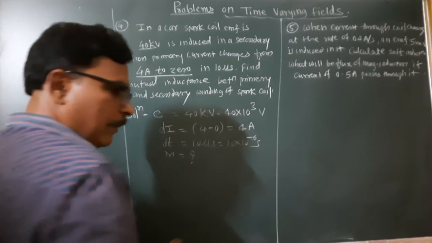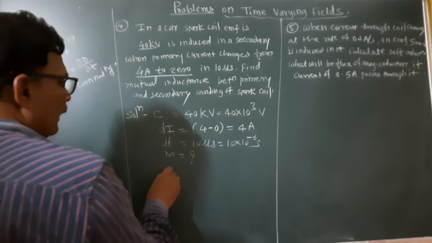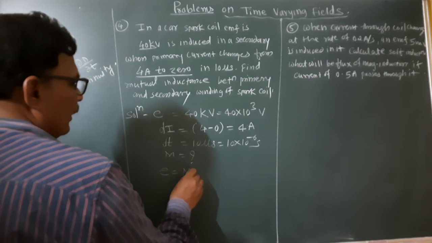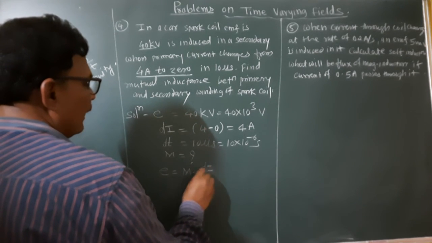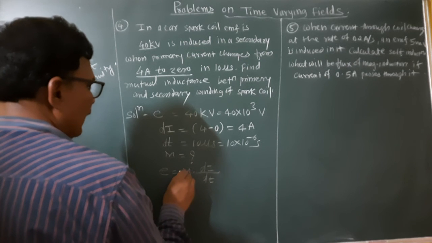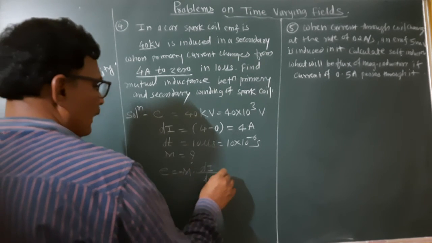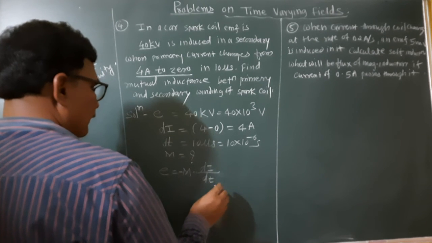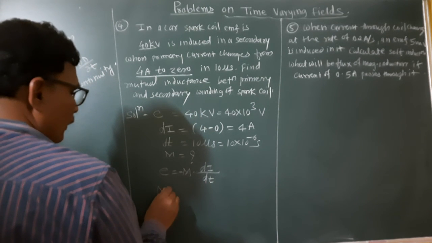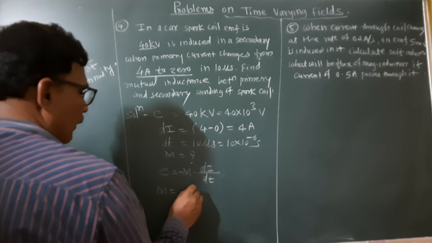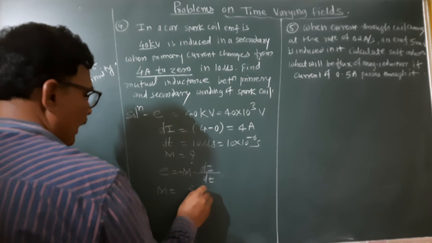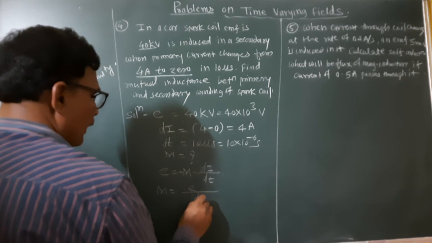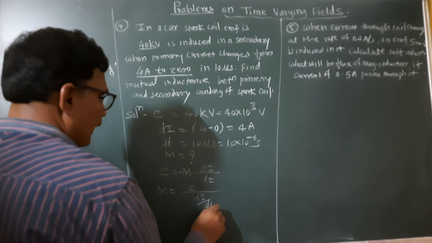Again we have the same formula, E is equal to M into dI by dt, with a minus sign. This can be written as M is equal to E upon the magnitude of dI by dt.